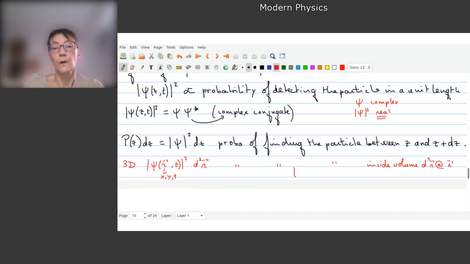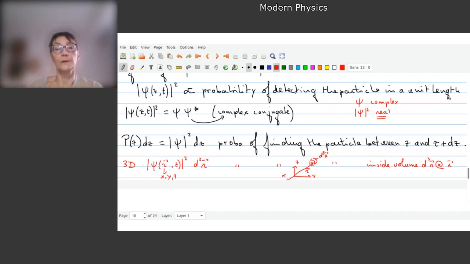So you have some x, y, z, and you have some element of volume here, and you have here the position. So what is the probability to find the particle in this volume at this position r? This is the square modulus of the wave function times this volume. In one dimension, this is the square modulus times dz, okay? This is the probability of finding the particle between z and z plus dz, okay?